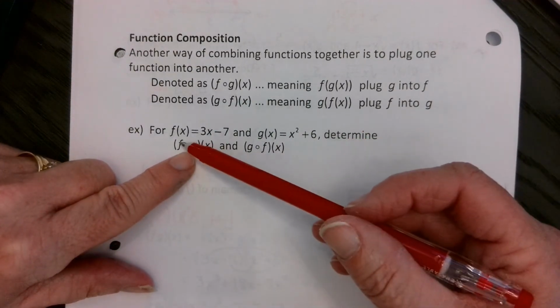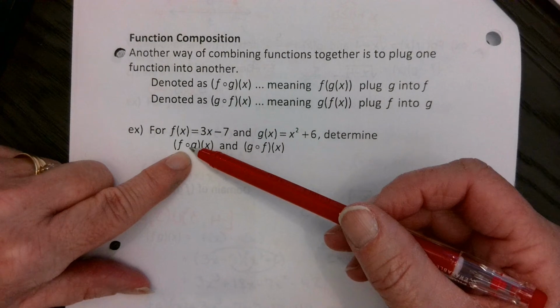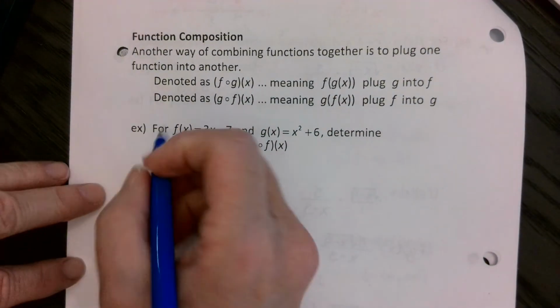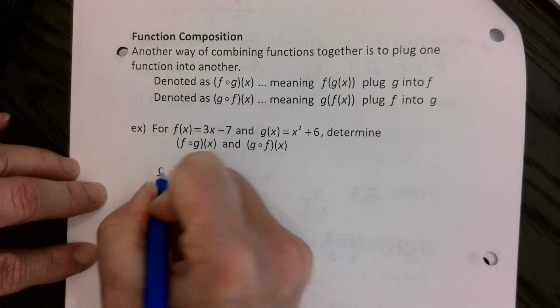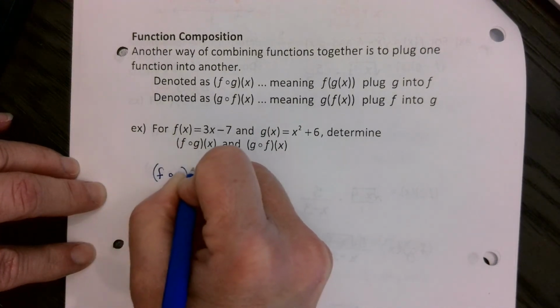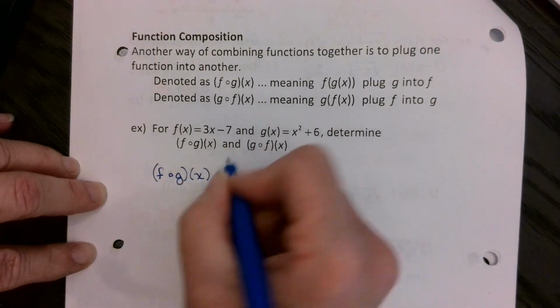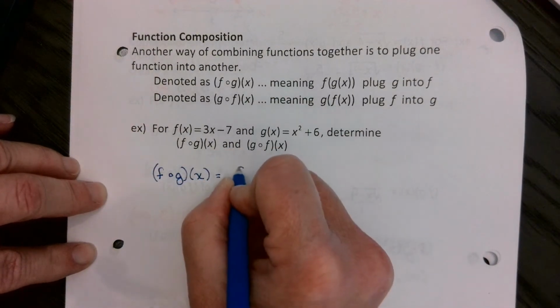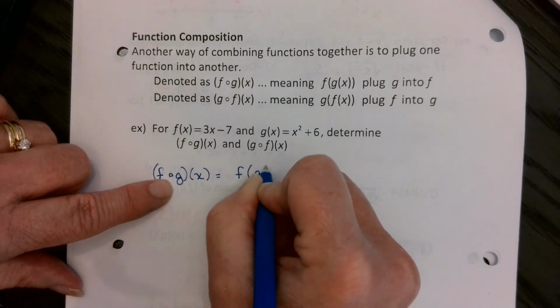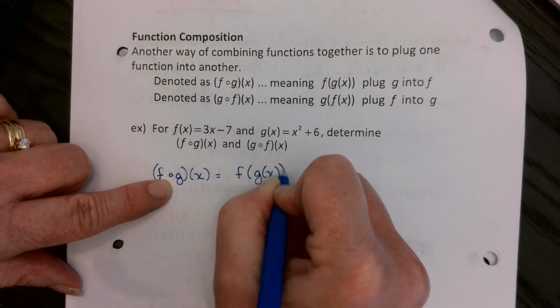We're going to do our f of g of x. What this really means, I'm going to do it the math way, and then explain how I do it. What this really means is I take my f and plug my g of x into it.